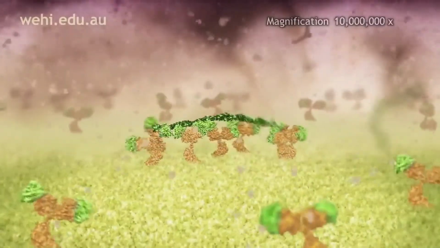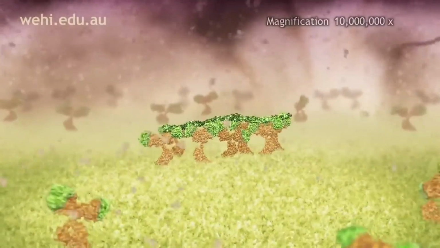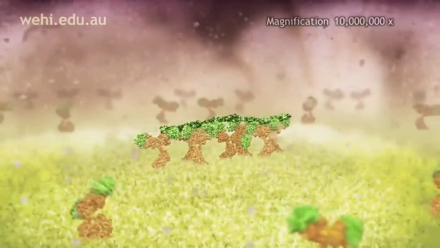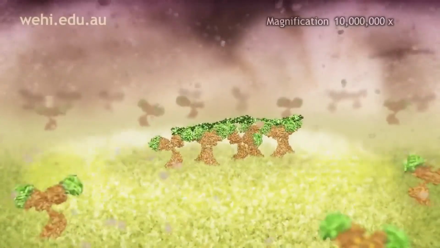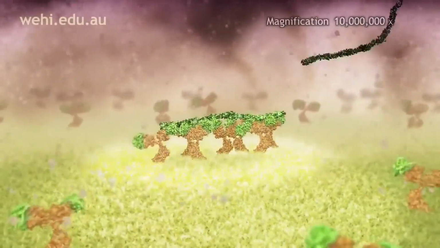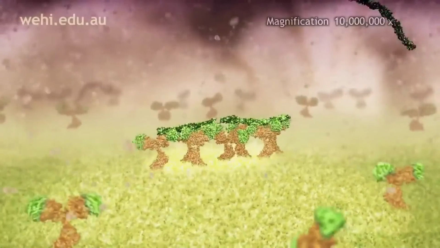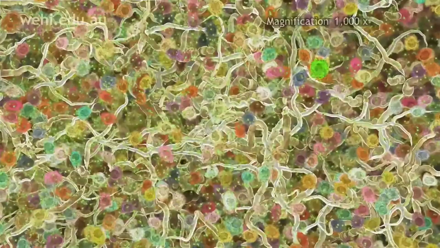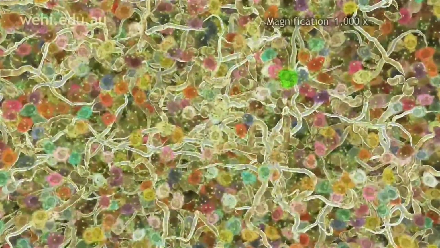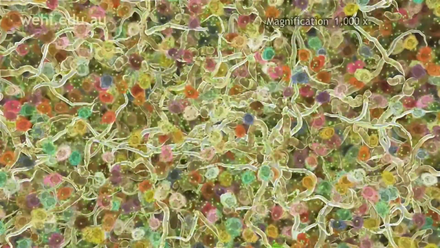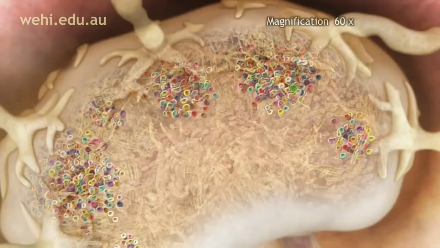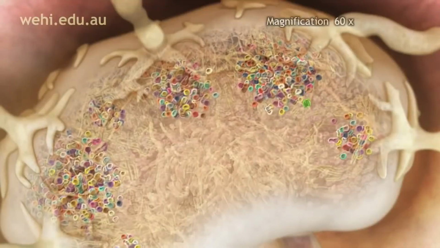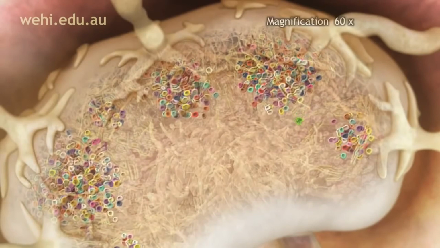This triggers an activation signal to travel into the cell. The activated B cell migrates and begins to replicate. In a few days, thousands of copies of the selected cell are made.